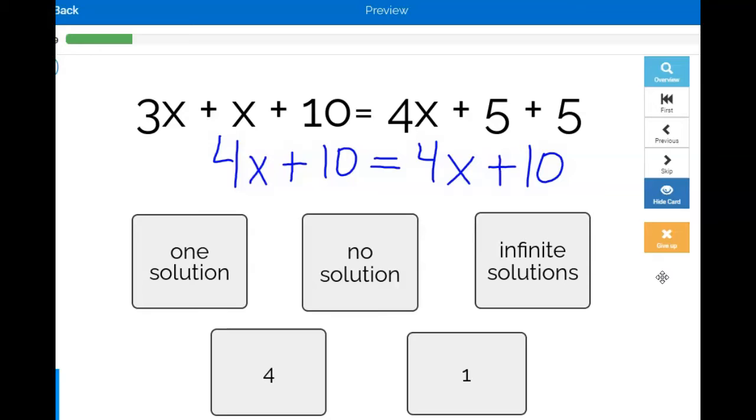But what would happen if I tried to continue this equation to solve for x? If I try to find out what x is, here's what will happen.